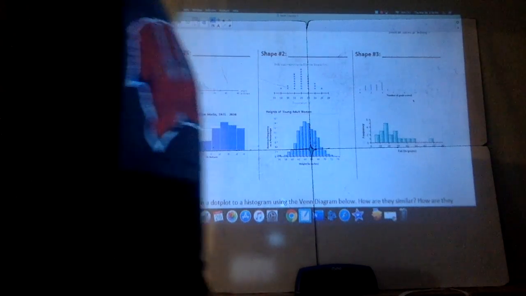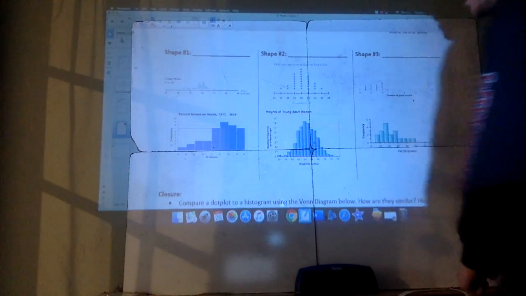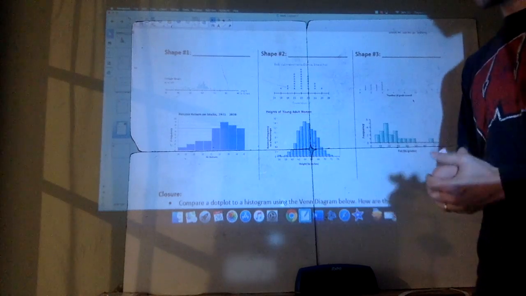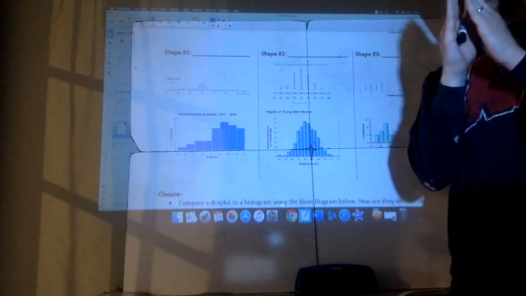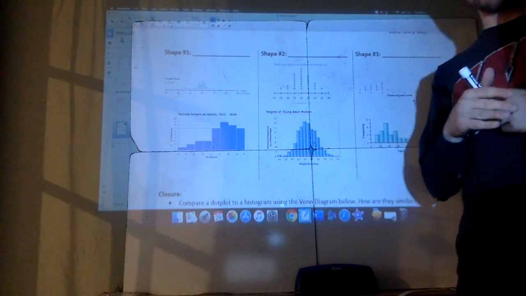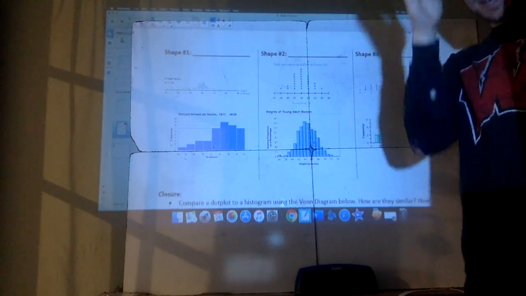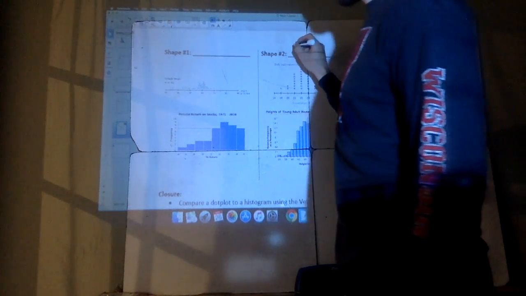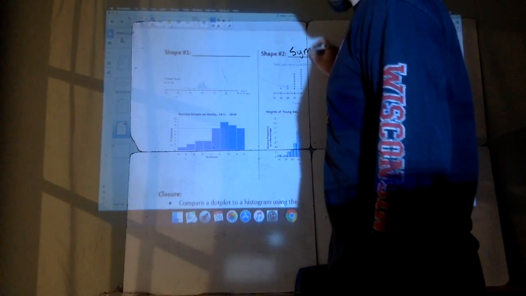We're going to use that for our description of the shape. First, let's start with the easy one, the one we all know. Symmetric means you can fold it over. It's like a midline where it's the same on both sides. That's shape number 2. That's symmetric.